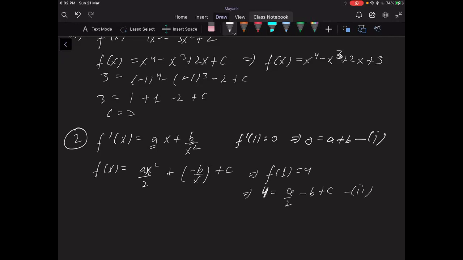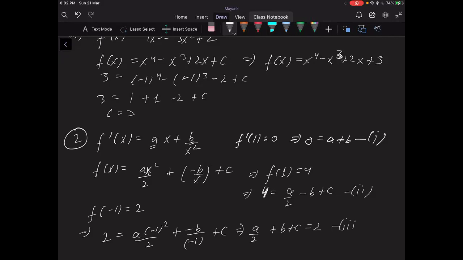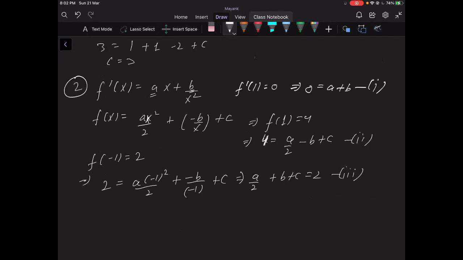So indirectly they are saying that f of minus 1 is 2. So I could say that 2 is equal to... equation number 3. How many variables and how many equations? Three variables, three equations. So are we good to go?